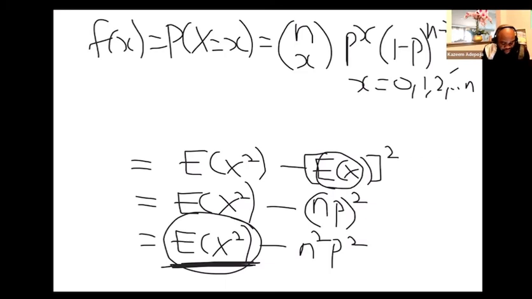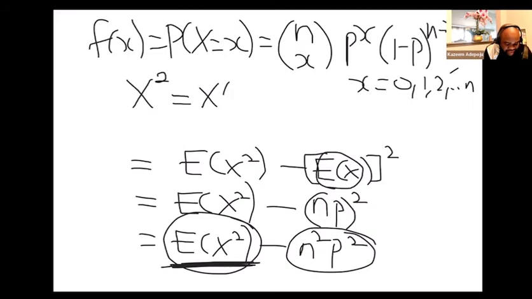Now, I already have the expected value of X, but I need the expectation of X squared. I should be able to write that. What is X squared? I'm going to use the idea of factorial. You remember yesterday when I said 5 factorial, I'm going down. Is X squared the same thing as X times (X minus 1) plus X?